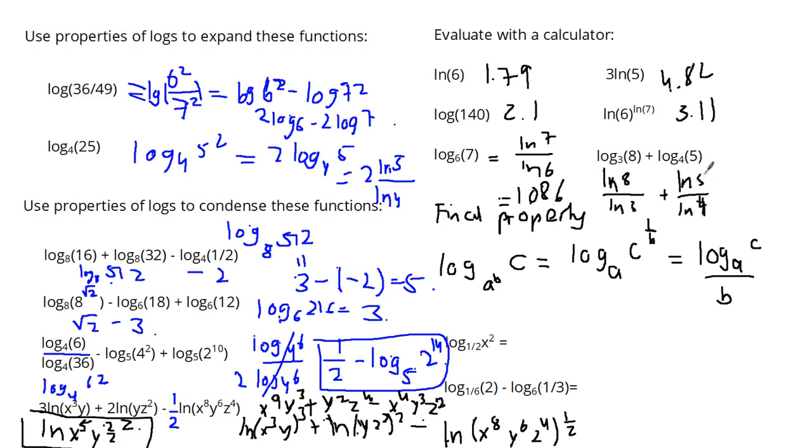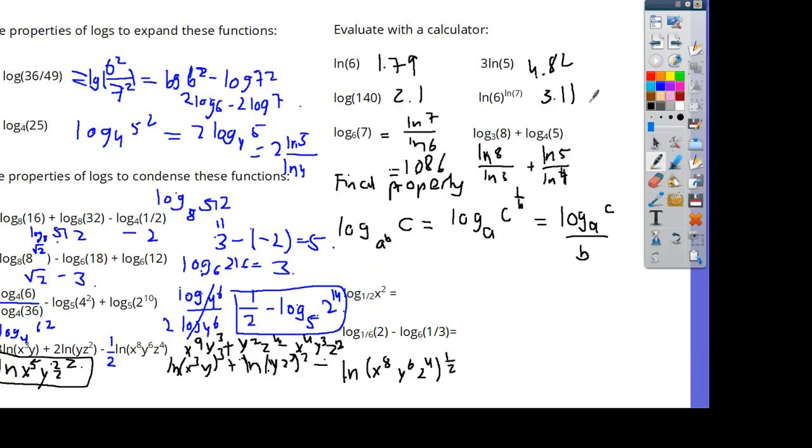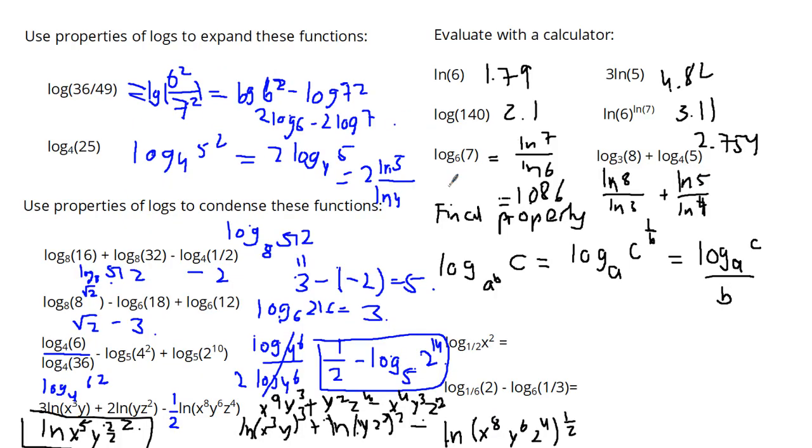Right? And that'll give you 2.754. And that's it. That was the simplest ever.